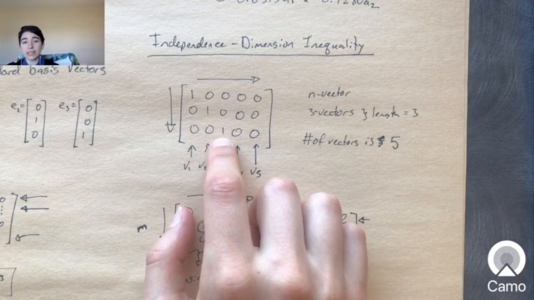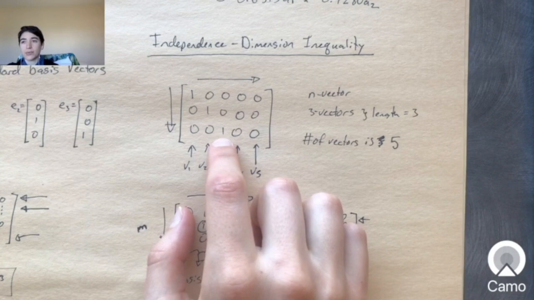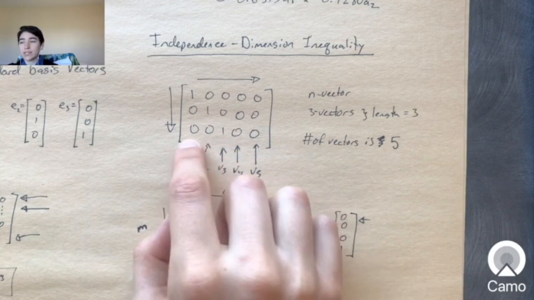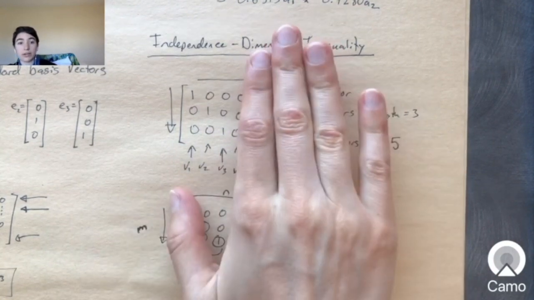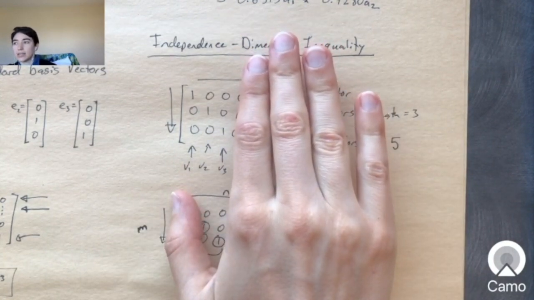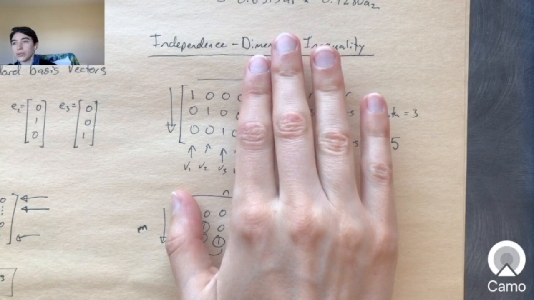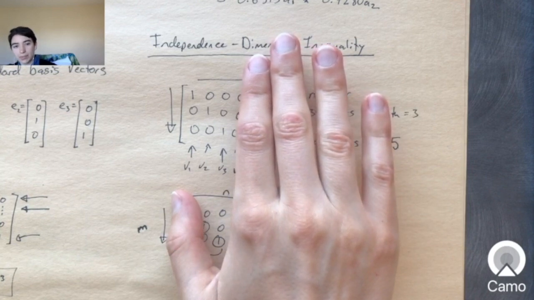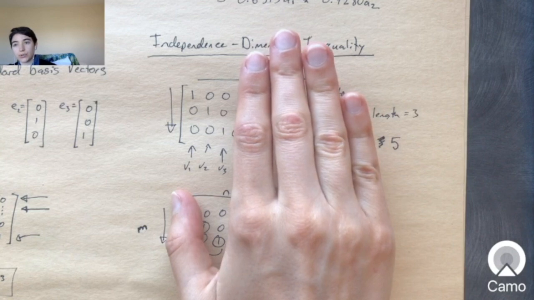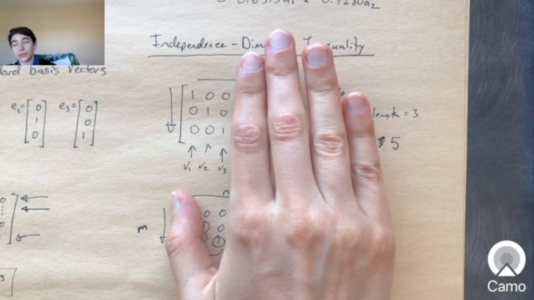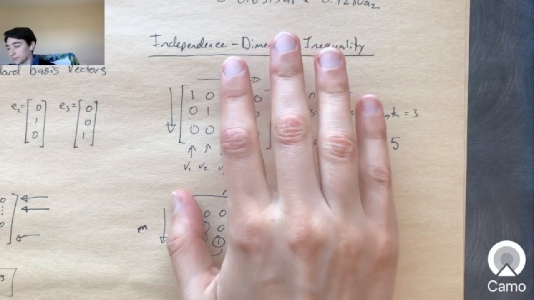And this means that since we have these standard basis vectors, we know that these on their own are independent. We know that these 3 perfectly describe the entirety of R3, or three-dimensional space.